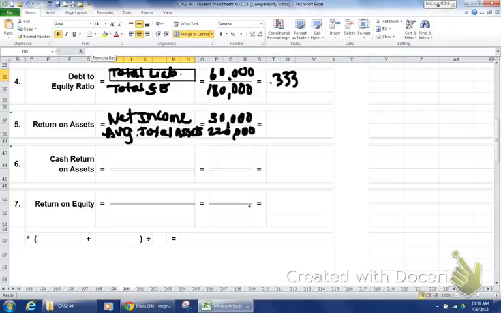So this represents a return on assets of 0.136, which when we multiply by 100 represents a return on assets of 13.6%.